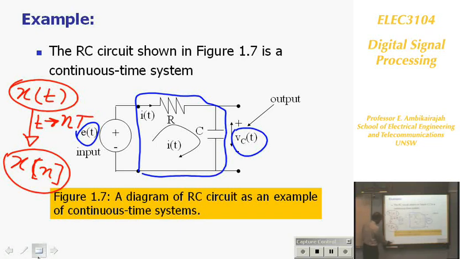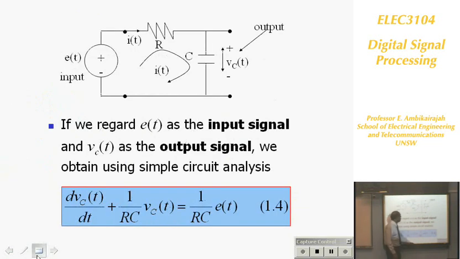You have done this last year, in year 1, to write an equation for this. For an analog system, you can write a differential equation. The capacitor voltage equation is: RC times the derivative of Vc, plus Vc, is equal to e(t), the input. We know how to derive this, and if you are not sure how, just ask us in the tutorial class.